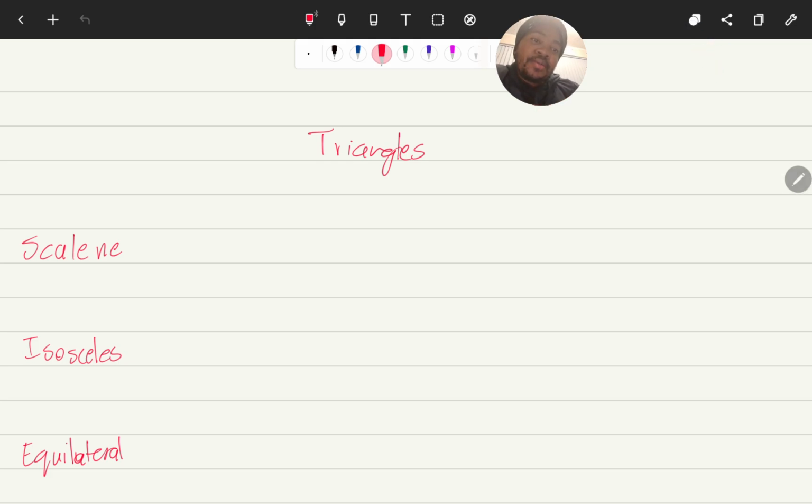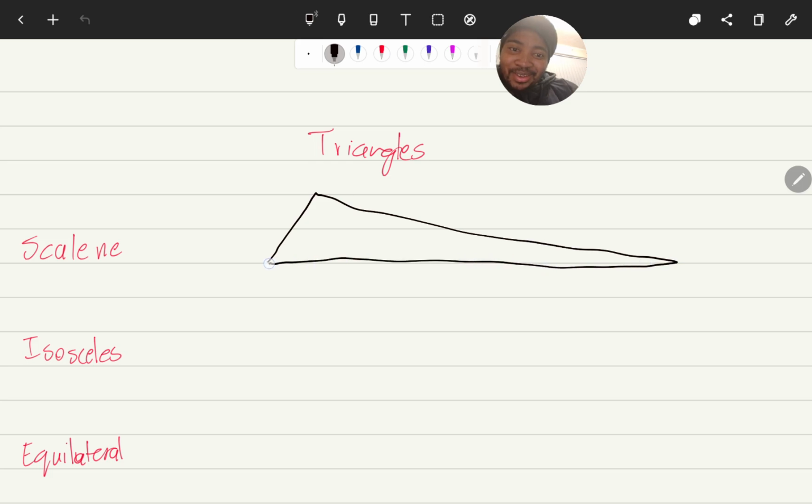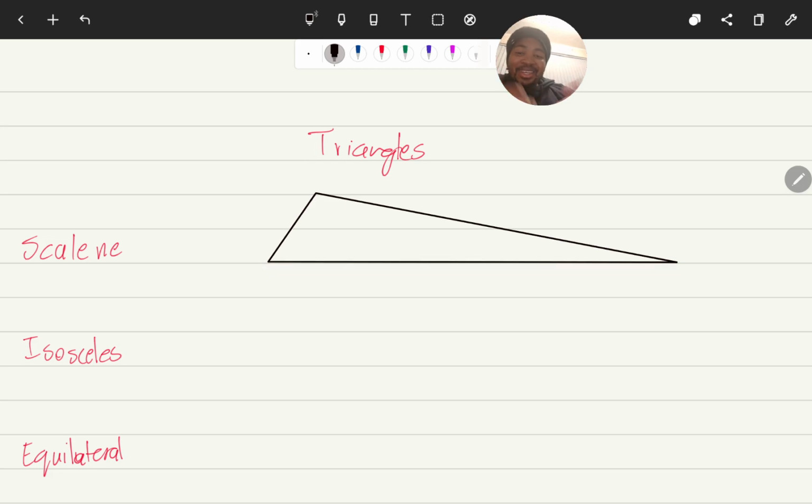I'll just draw this triangle for illustration. It is a scalene triangle, because you see there's the shorter side, and this would be the longest side. You also see that this one is shorter than this one.